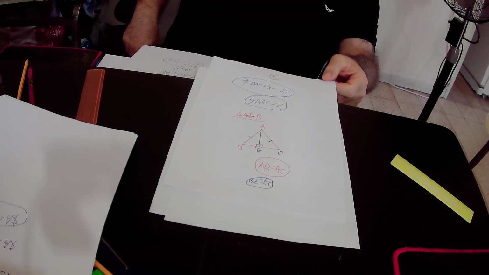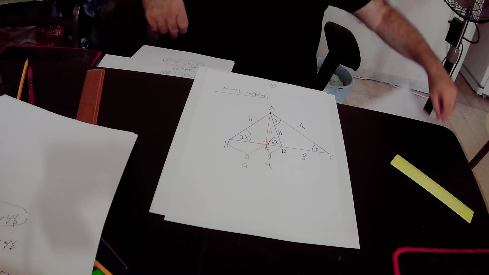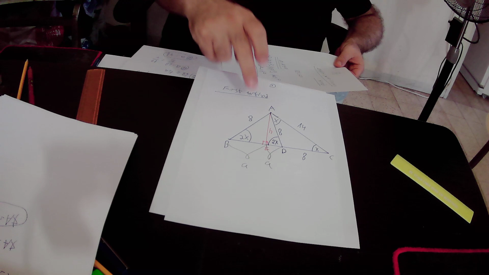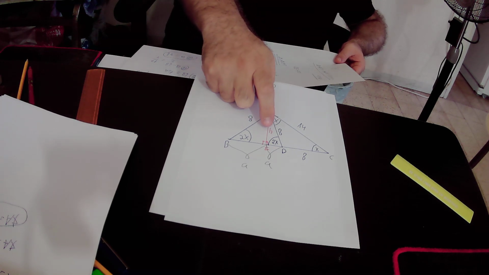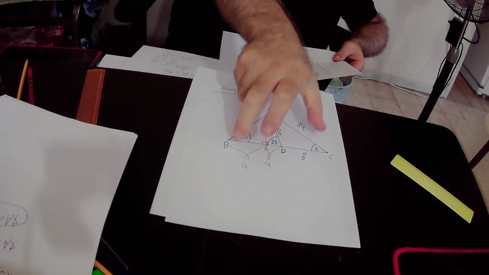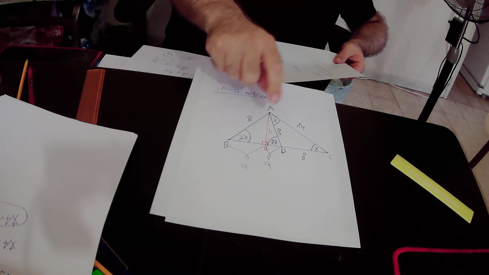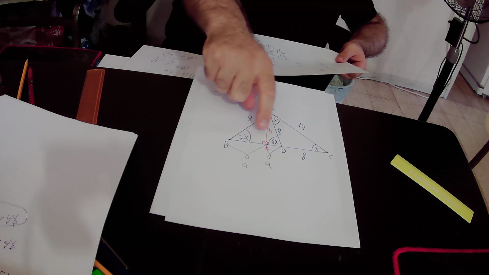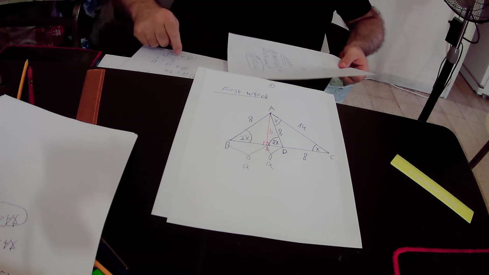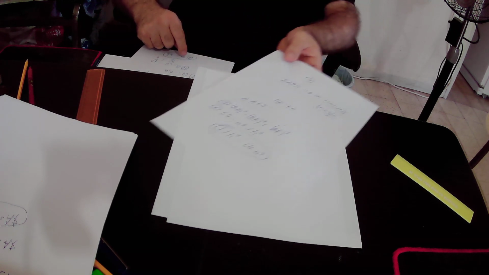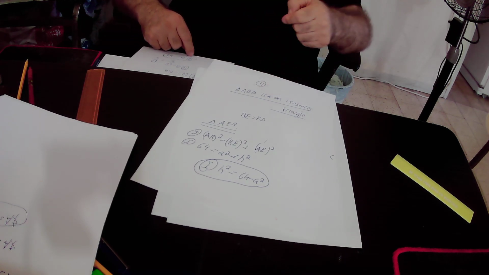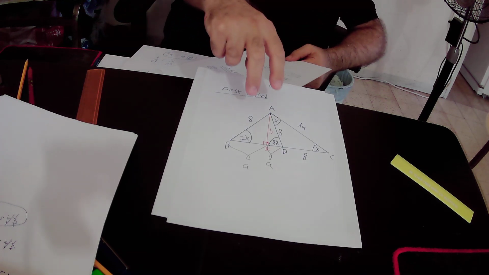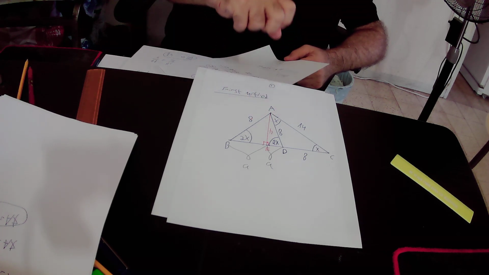Okay? So actually, in the isosceles triangle ABD, we draw a perpendicular to BC, and therefore, according to the rule that I mentioned, BE must be equal to ED, because triangle ABD is an isosceles triangle.